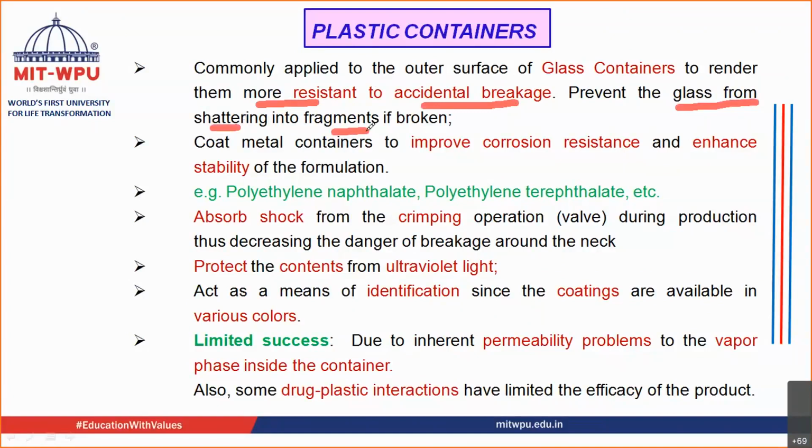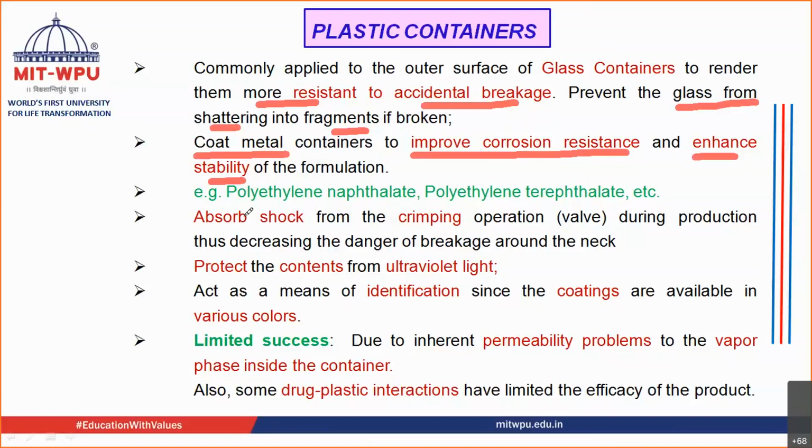It is also useful in coating the metal containers. If you coat the metal container from inside, it improves the corrosion resistance of your metal container, and if it prevents the corrosion of the metal, it is also going to enhance the stability of your formulation.